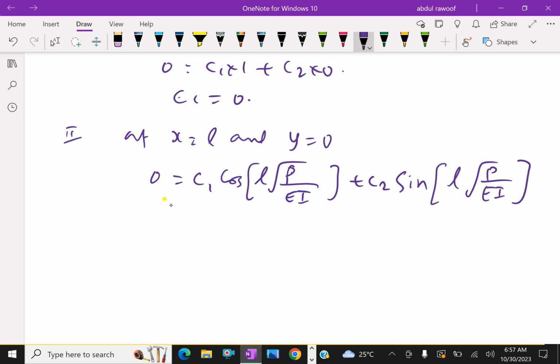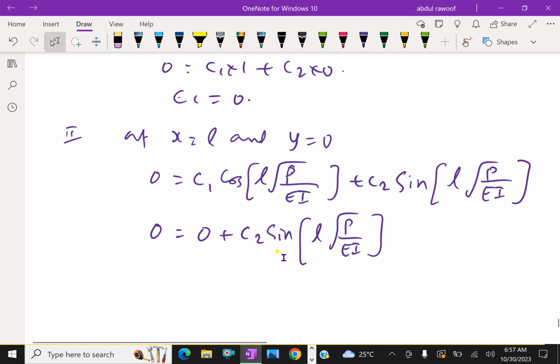Since C1 is already 0, we write 0 equals C2 sin L into root of P over EI. Let it be equation 3.